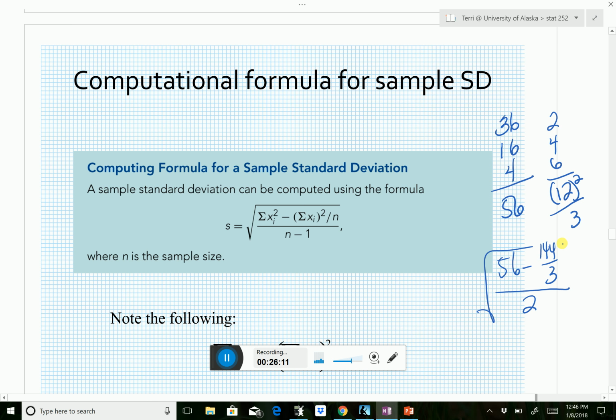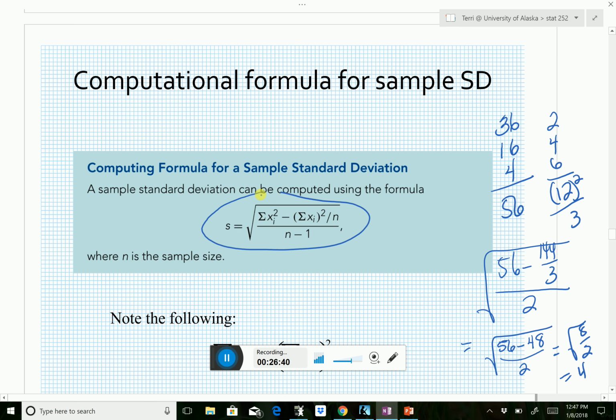And then we take the square root of it. Now you'll notice we end up with the square root of 56 minus 48, if I'm not mistaken. And so we get the square root of 8 over 2, which is 4.